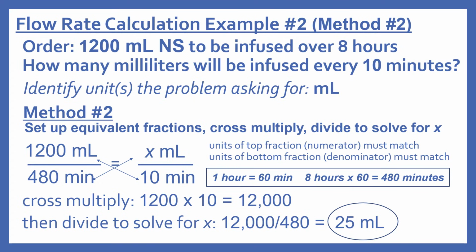So we have 1200 milliliters over 480 minutes, and we'll set that equal to X milliliters over 10 minutes. So 1200 times 10, our cross multiplying, equals 12,000, and then we'll divide by 480 to get X, and that equals 25 milliliters.